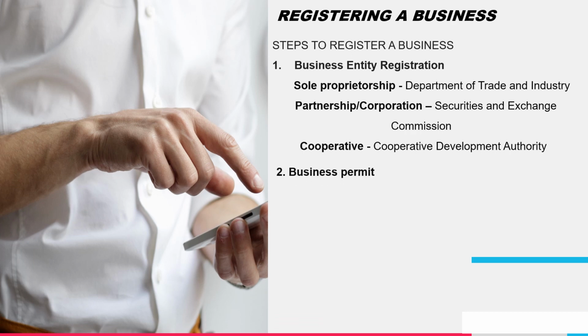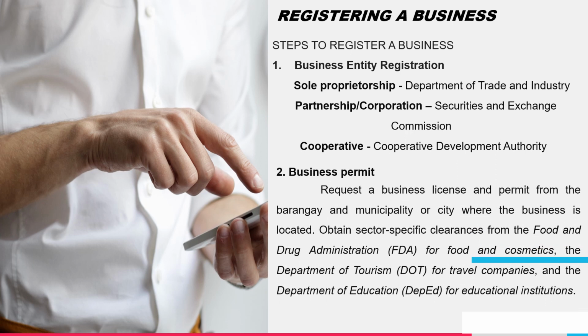The second step is the business permit. You are going to request a business license and permit from your barangay and municipality or city where your business is located. Then obtain the sector-specific clearances.